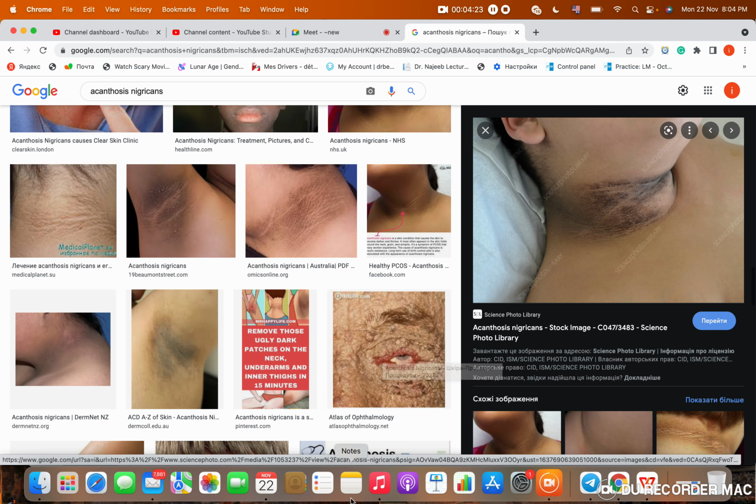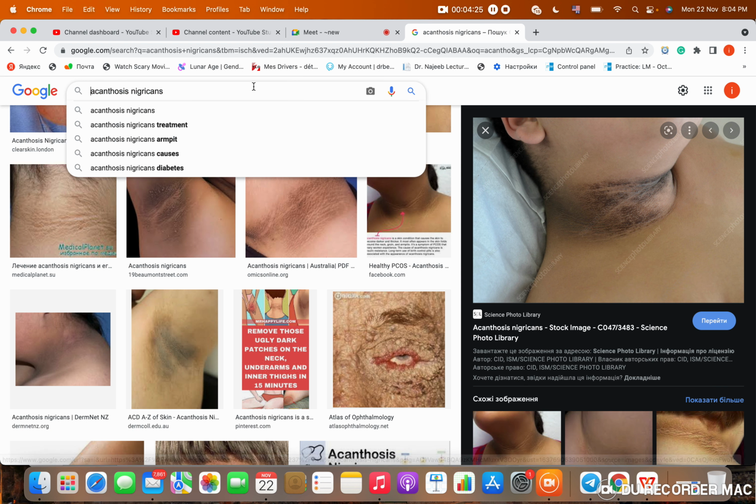The way to differentiate if this acanthosis nigricans is due to cancer or due to diabetes mellitus is by time. If it happened really quick, is it diabetes mellitus or cancer? Tell me, please. It's cancer. If it happened really quick, it's cancer.